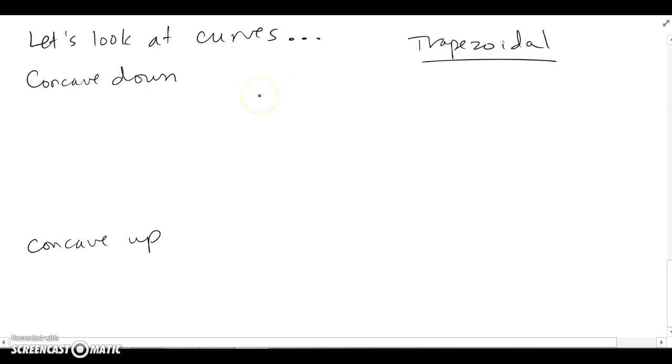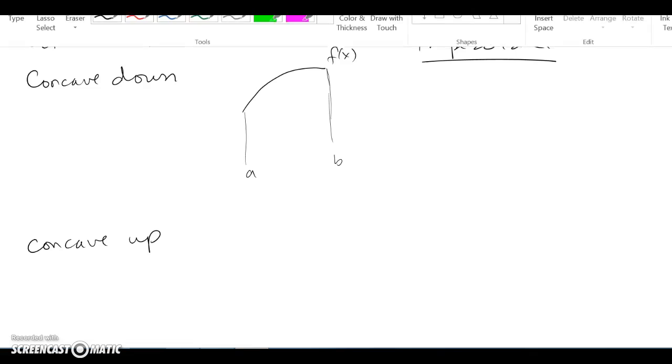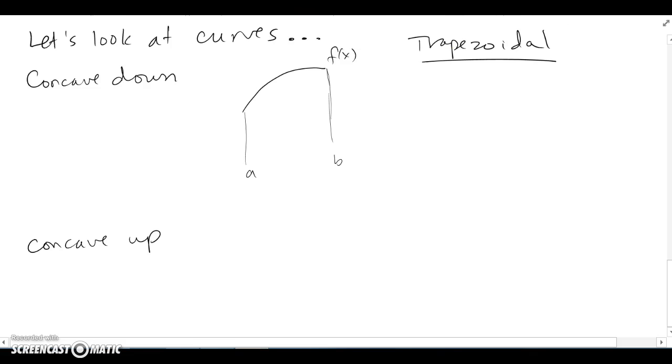Let's say I have a curve that looks like concave down, so something like this. That's my f of x. Let's look at it from A to B. If I'm just looking at that one giant interval, and I want to approximate it with the trapezoidal rule, I would look at this endpoint and this endpoint, and I would make a trapezoid out of it and look at that area.